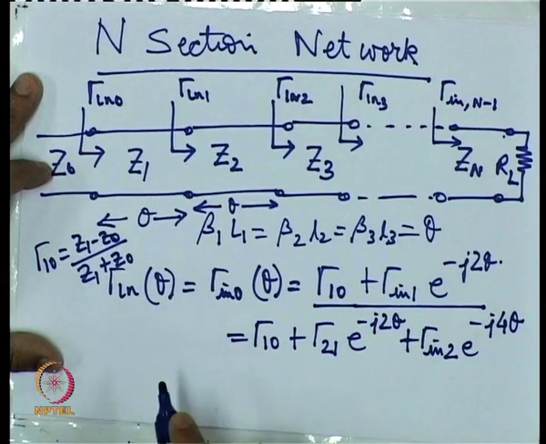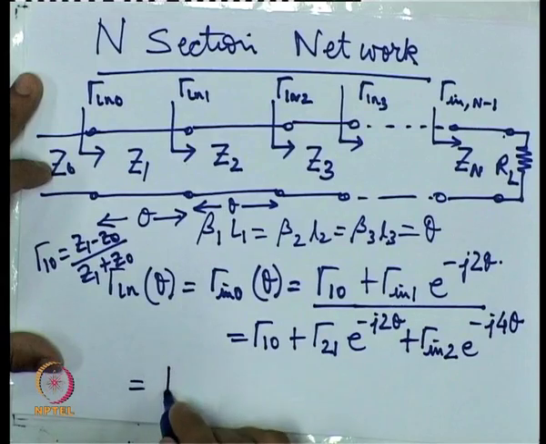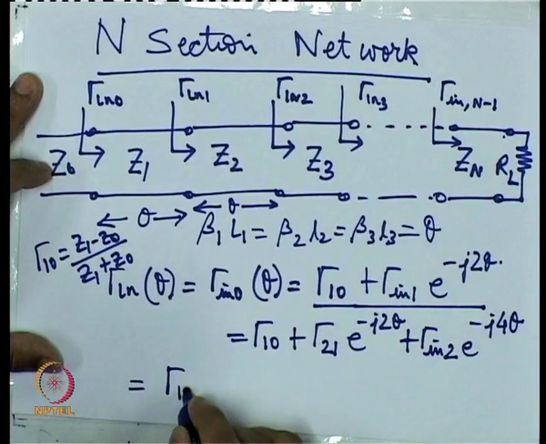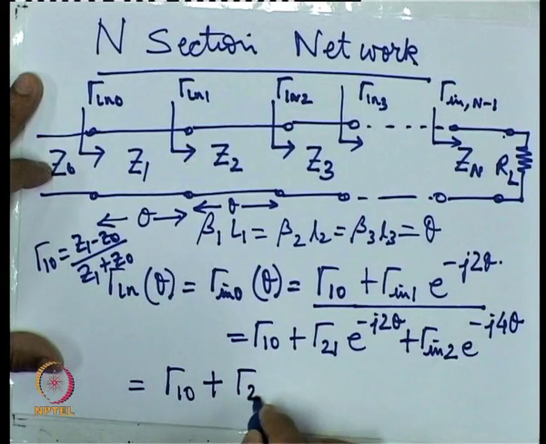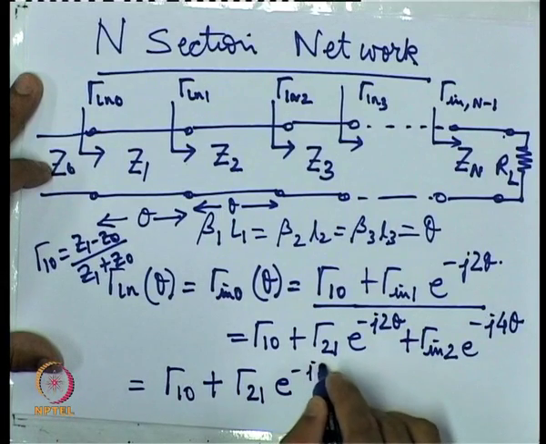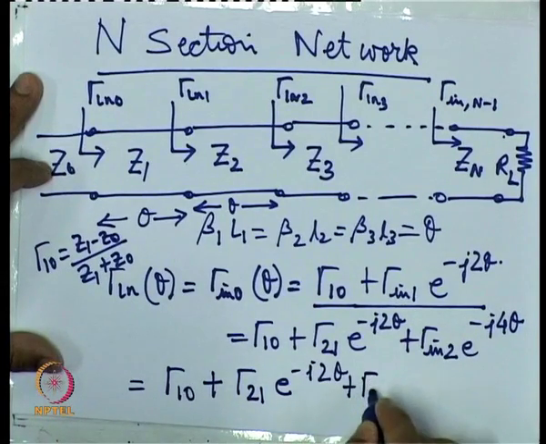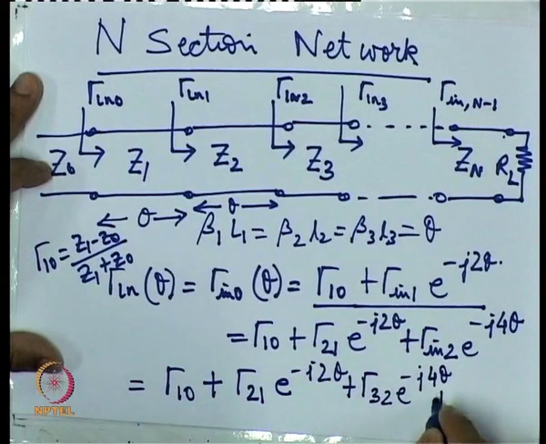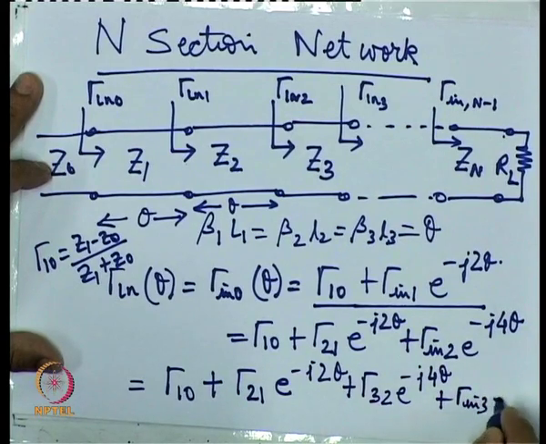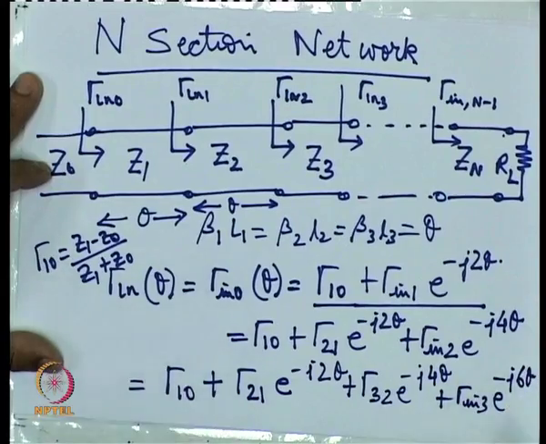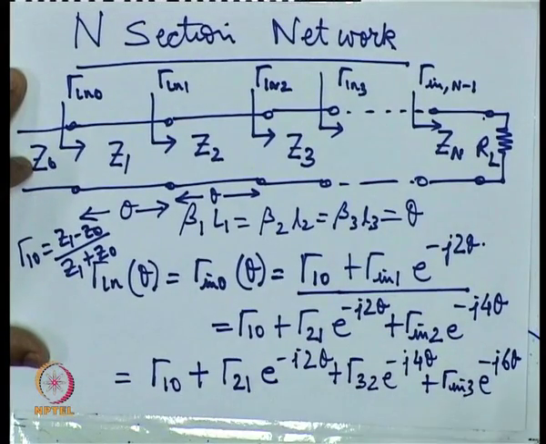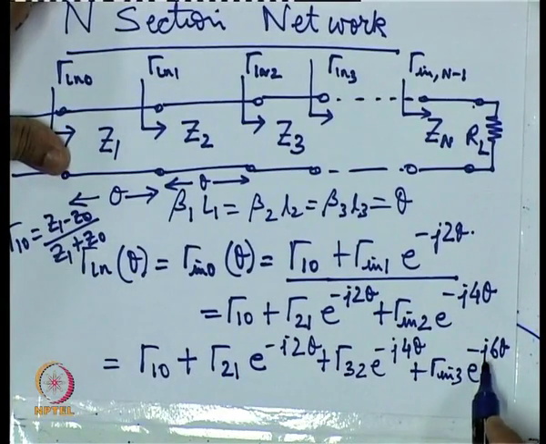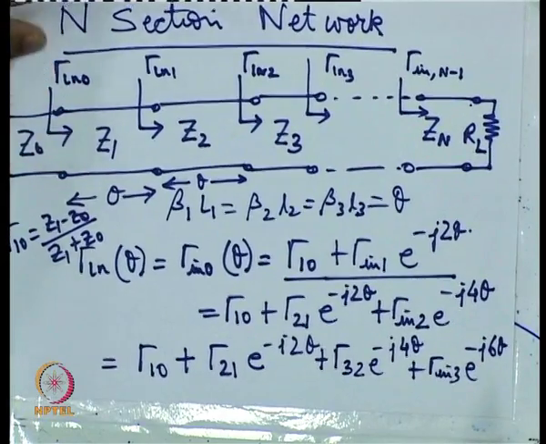If I expand further, I get this expression, and I can continue like this for all n sections. Every time, the only difference is that the exponent of e keeps on increasing.